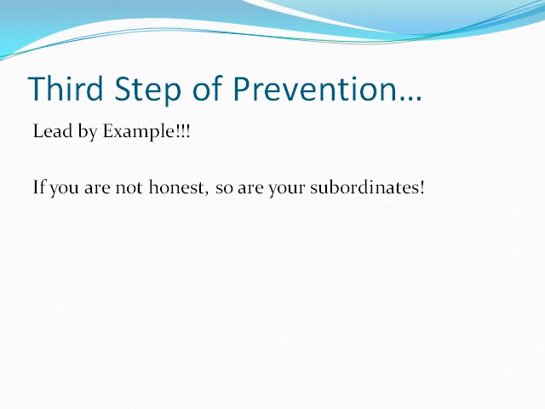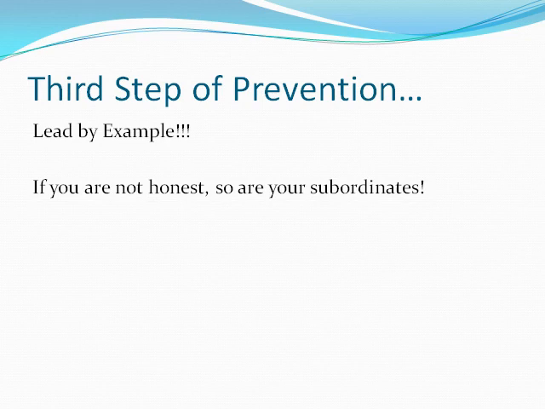The third step of preventing embezzlement is to lead by example. To make sure that your employees or your subordinates don't embezzle, you have to first be honest in your activities. Leaders must lead by example.